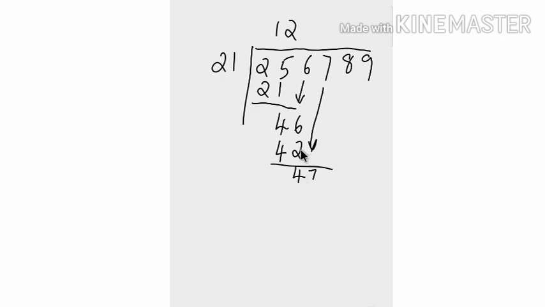In 47 also there are two 21s. So write 2 on the top, and 2 into 21 is 42. 47 minus 42 is 5. Bring this 8 down. 58.